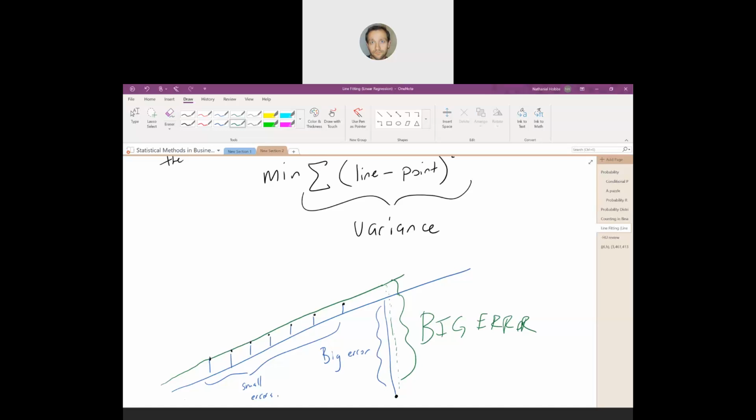But in the case of linear regression, you don't care about having the line pass exactly through points. What you do care about is the distance of the line on average from all of the points as a collection. And that's what this technique does. Okay?